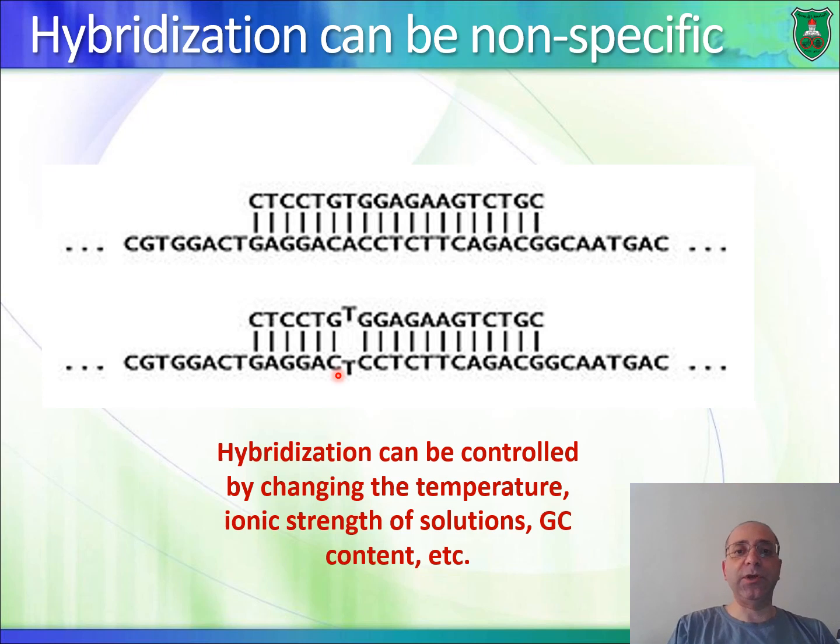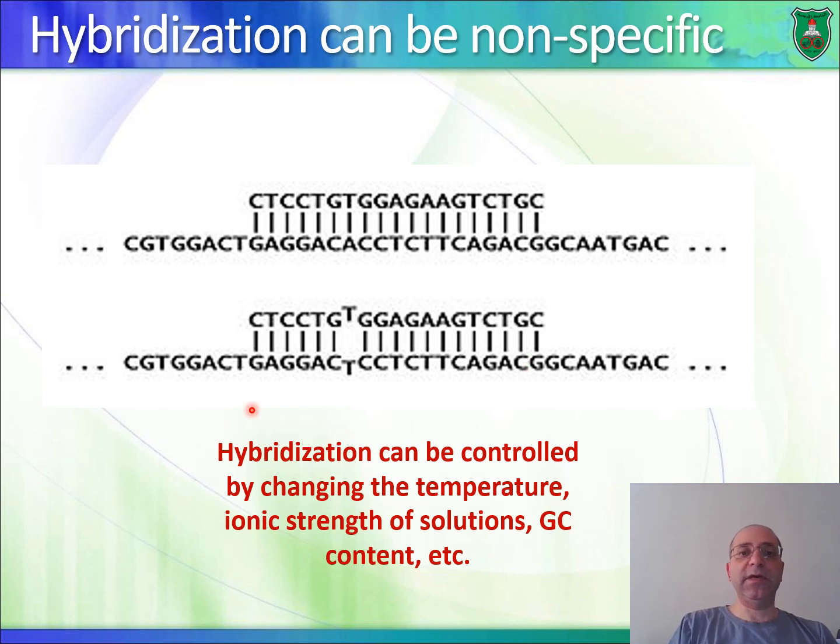The conditions include that there are enough hydrogen bonds formed between the two strands. Now, again, what does enough mean? Well, this is irrelevant for our course for now. Just enough, okay? That's one.